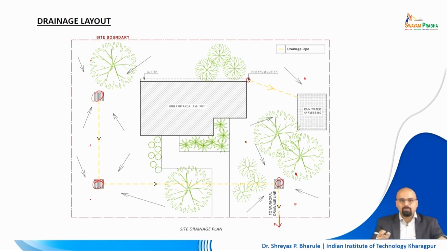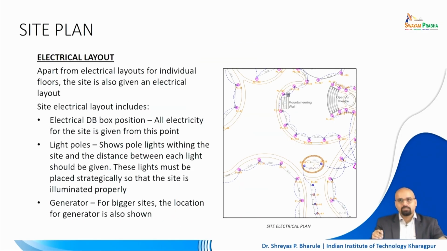Only then can you collect all of that water, else your water will get contaminated with other surface runoff. Say, for example, an open drain overflows and that water meets the surface water you are taking from your stormwater drain, then there will be a lot of problems, particularly in your rainwater harvesting tank. So often it is not done, but in the case of larger towers with a lot of paved area, this is also possible to do. So that's about the drainage.